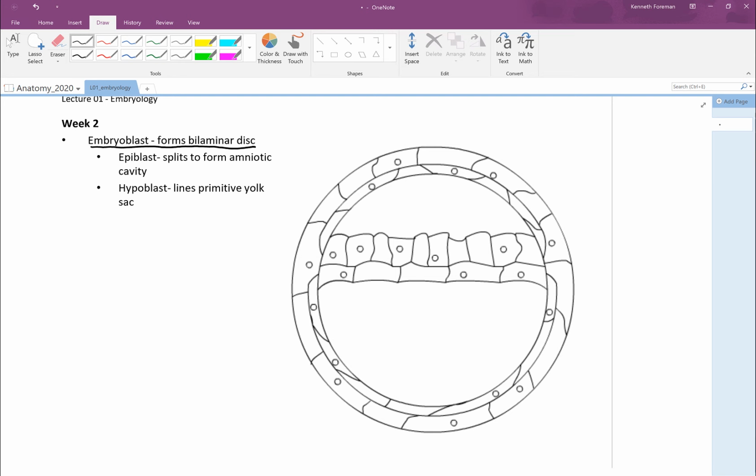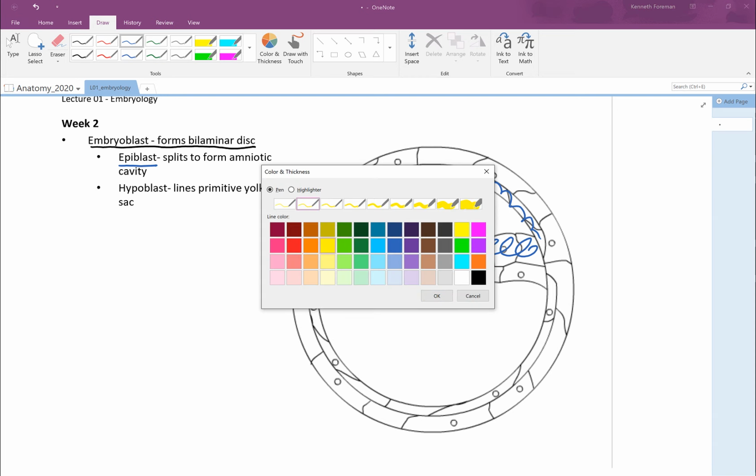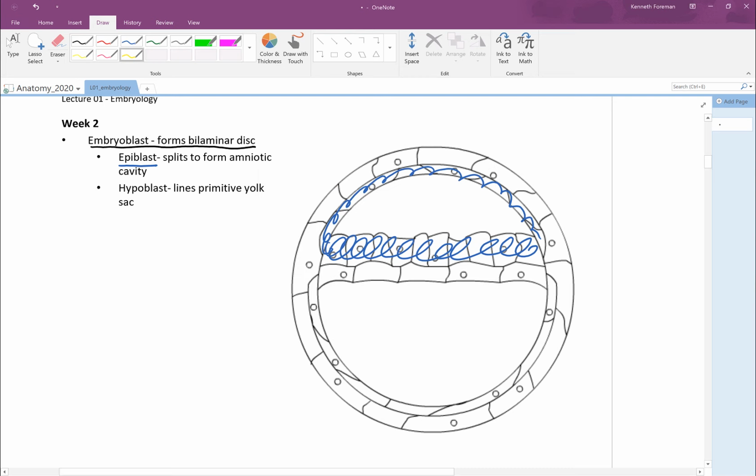This bilaminar disc is going to consist of an epiblast layer and a hypoblast layer. Sorry, I misspoke earlier. A hypoblast layer.